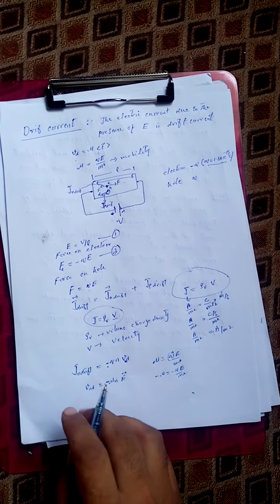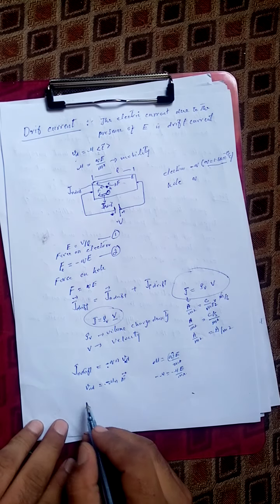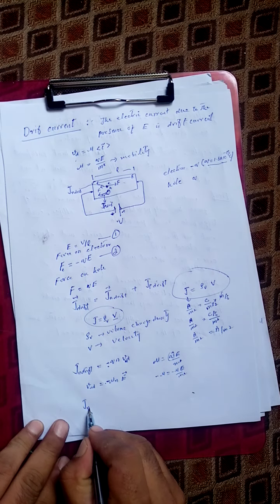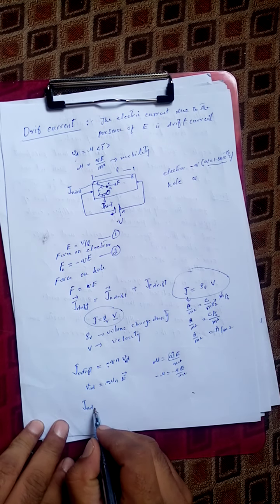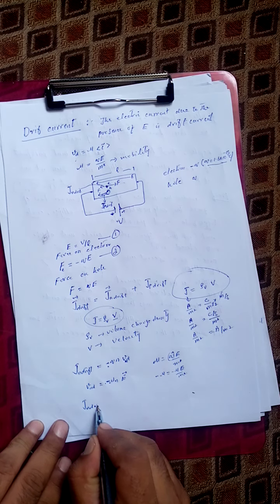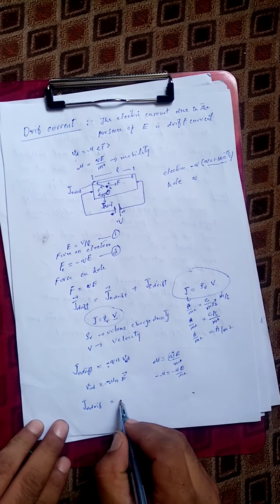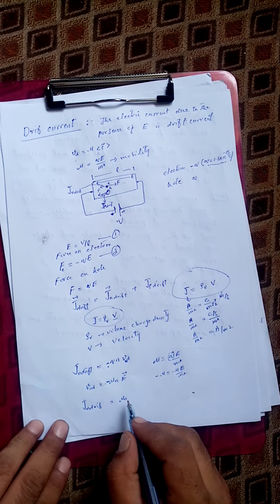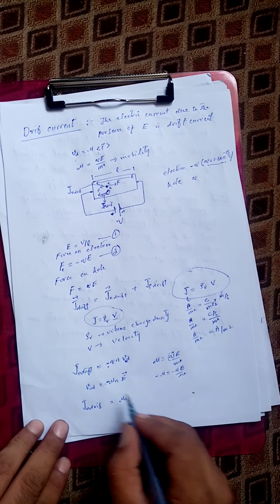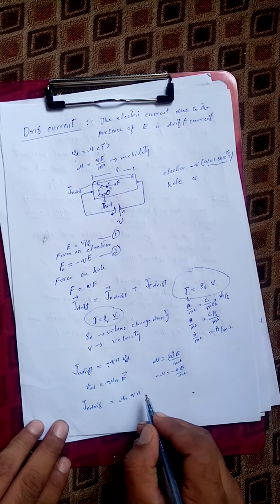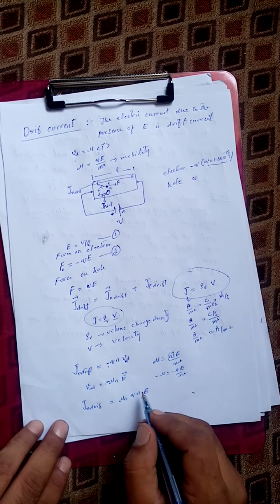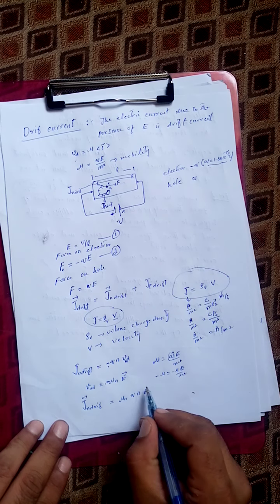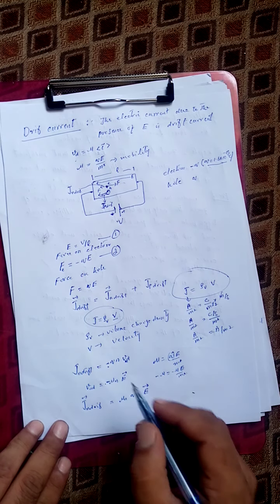If we put this value in the above equation, we get J_n drift, the drift current density due to electron, is q n mu_n E. This is a vector quantity, so I will put a vector sign here.